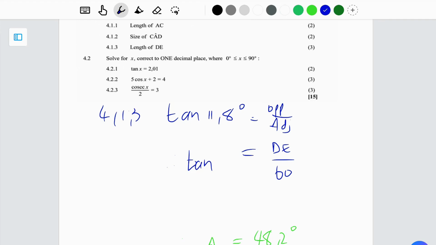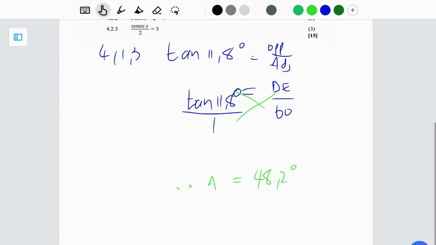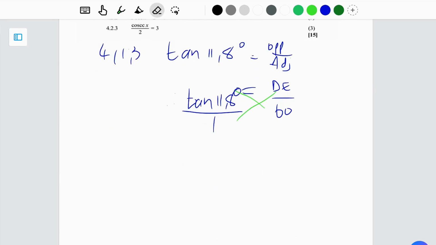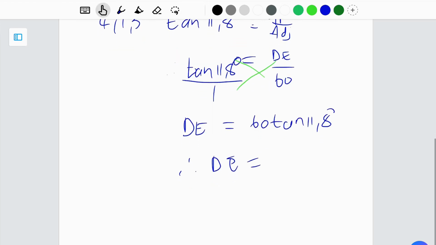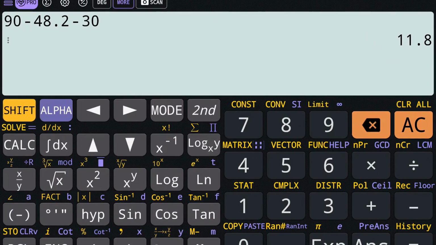So that's going to be tan 11.8. Again, we're going to cross multiply here, guys. Okay, so we're going to cross multiply over there. So this is now going to give me DE equals 60 tan 11.8 degrees. Let's clear this.